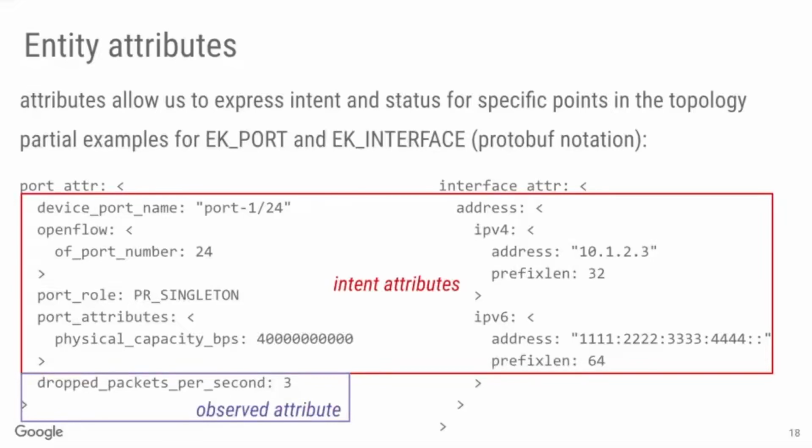The red box captures the intent attributes, things like names of the ports, address assignments for V4 and V6, maybe the physical capacity that's intended on that port. And then there's some observed attributes that might represent operational state. These are things that could include things like packet drops that have been observed, for example, populated by a telemetry system.